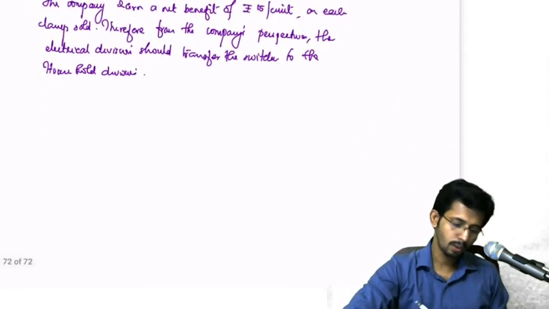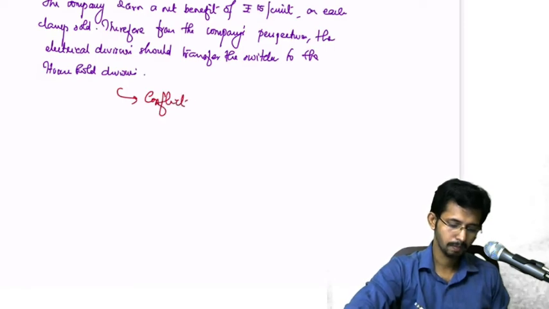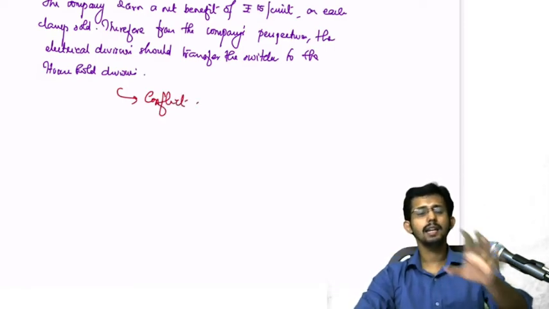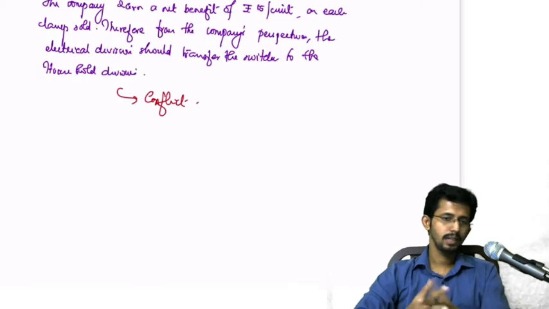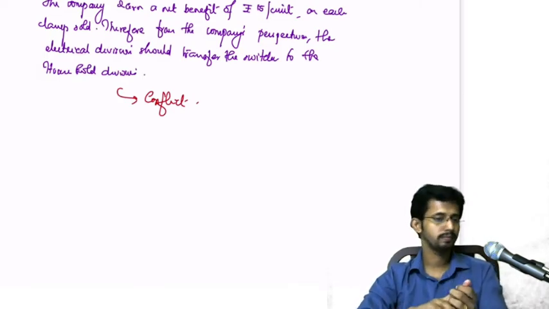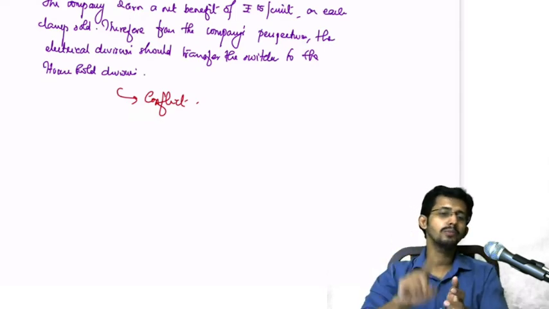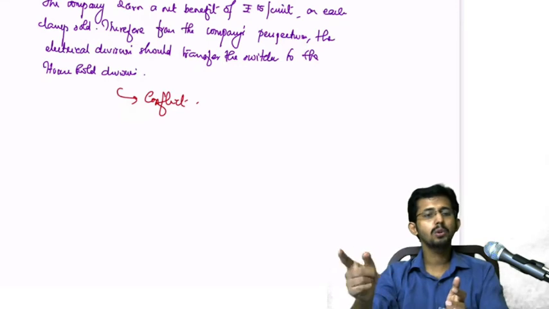Okay, this is what we call conflict. As far as the electrical division is concerned, they can transfer the goods only if they get a transfer price of 25. But if the electrical division is charging a transfer price of 25, will the household division buy it?